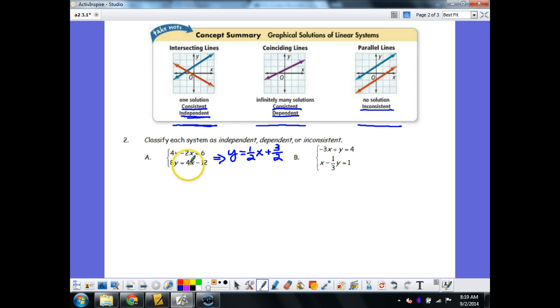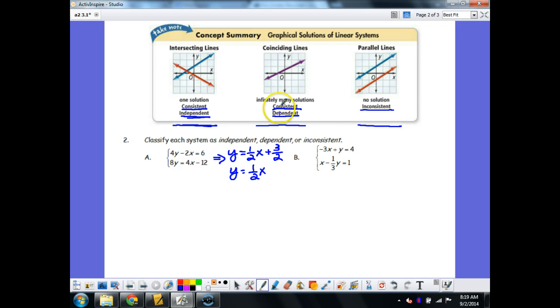Doing the same thing here, getting the y by itself, we would divide everything by 8, so we'd have 4 over 8 x, which is 1/2.